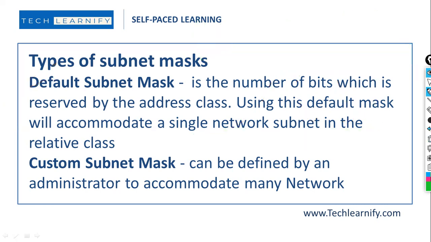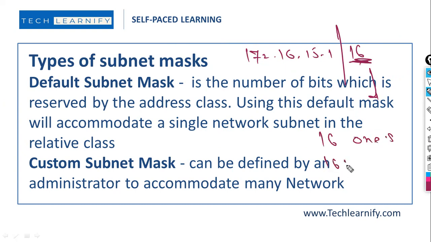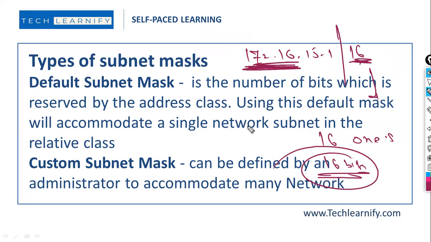So let me write down an IP here: 172.16.15.1/16 means 16 ones, means 16 bits network portion. So 16 bits of this IP address represent the network ID and the rest, 16, the host portion.